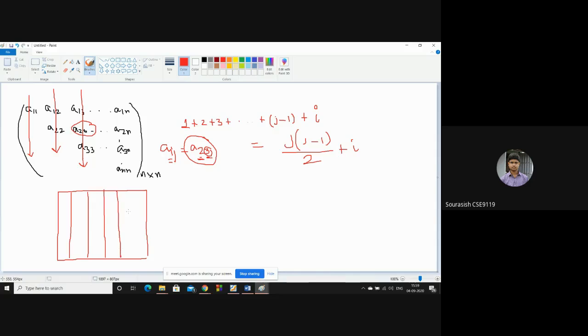If it's row major order, then it's B plus W into number of columns, into I, that is the row we want to find, minus the lower bound of the row, plus J minus lower bound of the column.